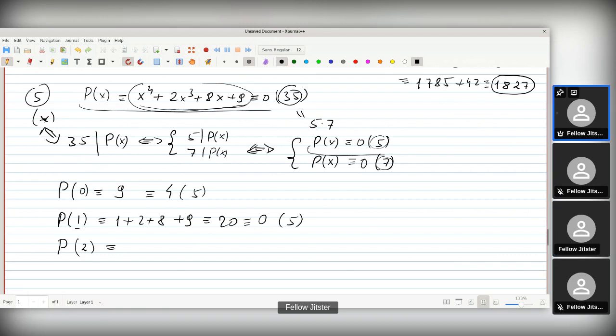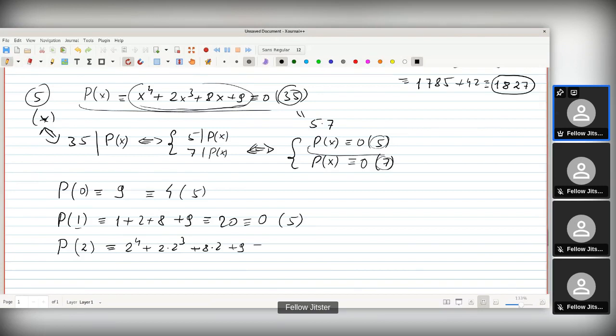Yes. What about 2? Look, here we have some powers of 2: 2 to the power 4 plus 2 times 2 to the power 3 plus 8 times 2 plus 9.